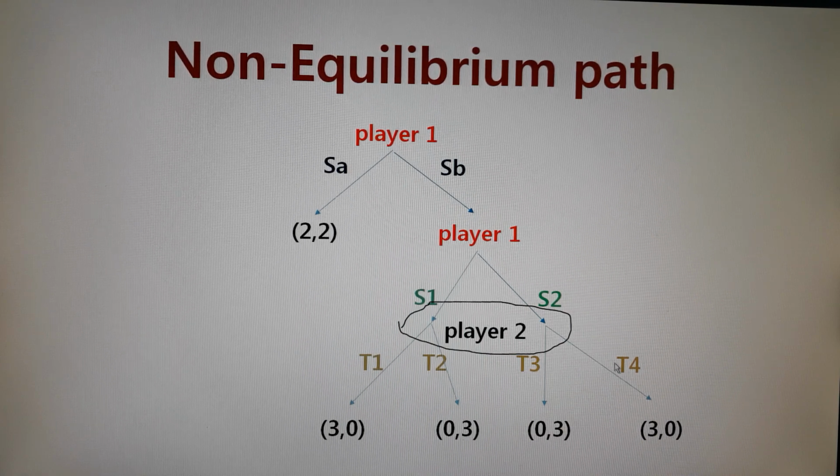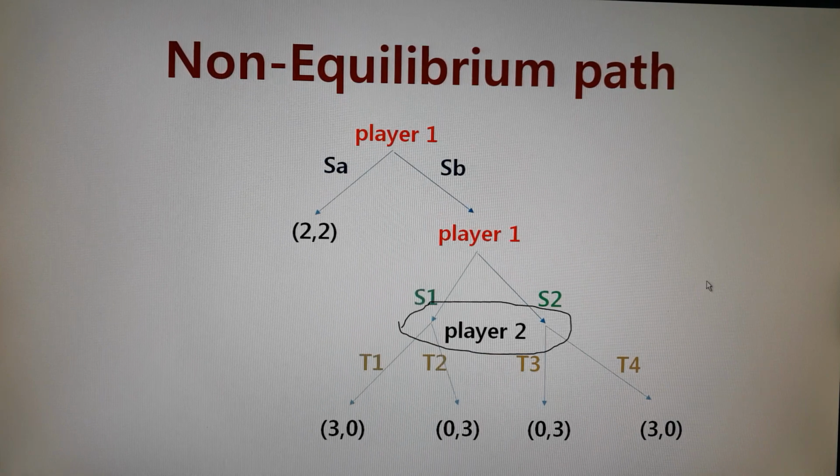Here, if you look at this, if player 1 chooses S1, it might get 3 or 0. If player 1 chooses S2, it might get 3 or 0. Player 2 choosing T2 may get 3 or 0, and T1 may get 3 or 0.